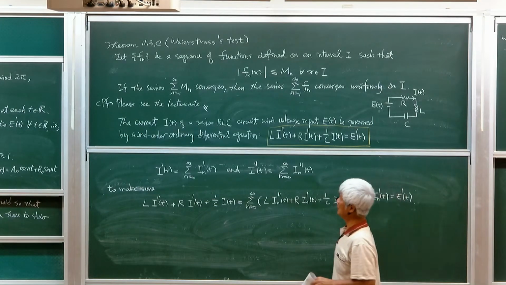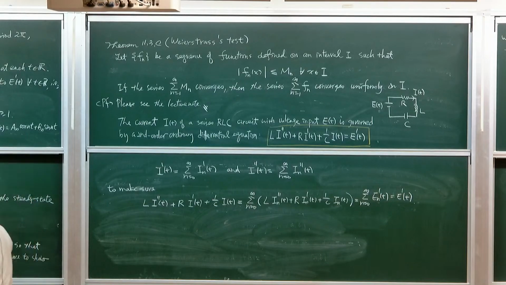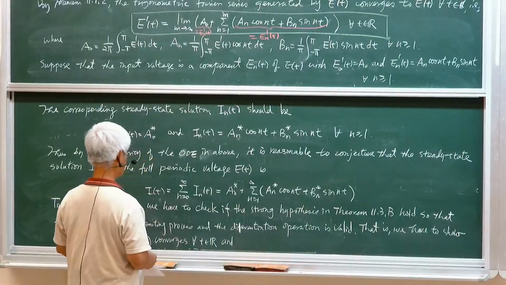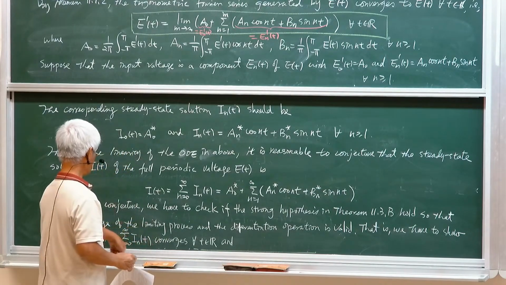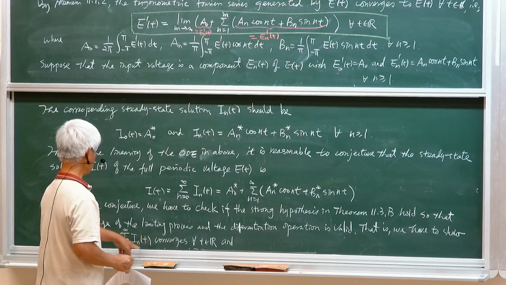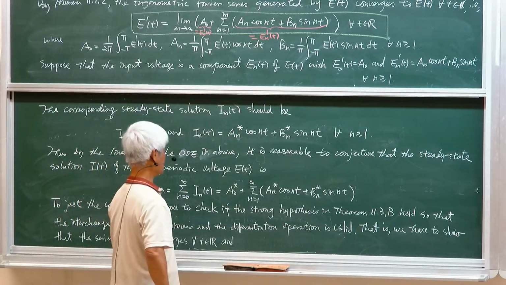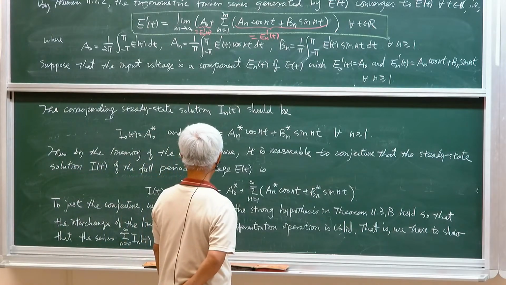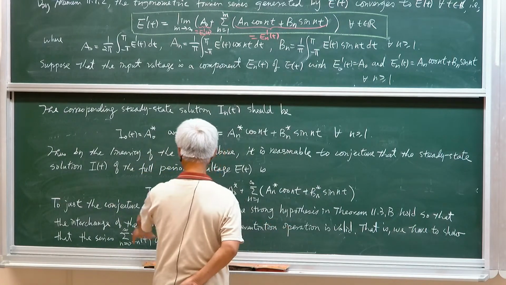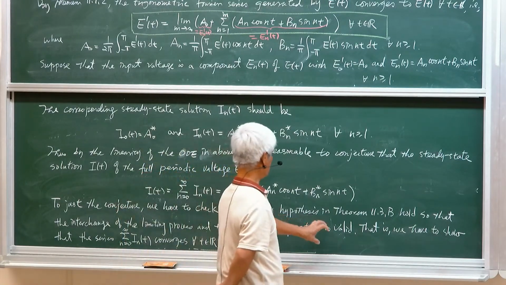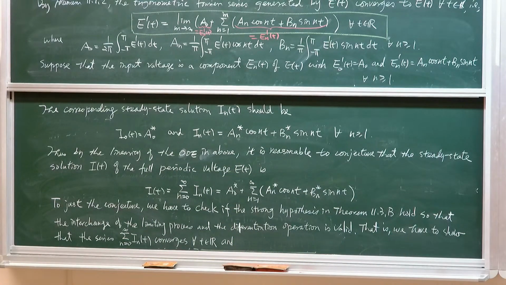So what we need to do is to show that this series sum converges, and that the limiting process and the differentiation operation can be exchanged. So this is the case. We can exchange them.